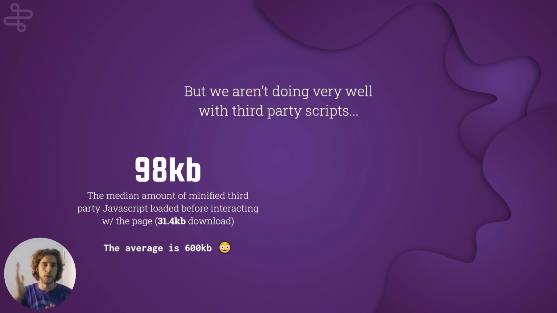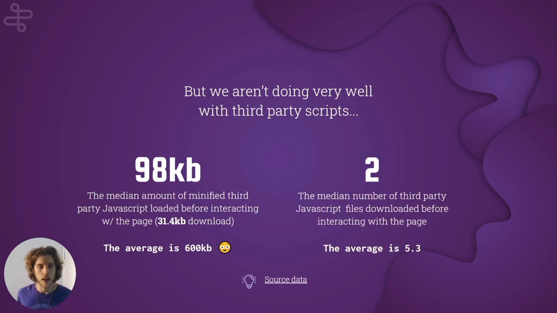So there's a big jump from the median to the average, meaning there are a lot of websites out there that are really doing a bad job at decreasing the amount of third-party JavaScript. Also, the median request count is 2 and the average is 5. So the average Gatsby site is loading 5 third-party scripts and files, which isn't very nice.